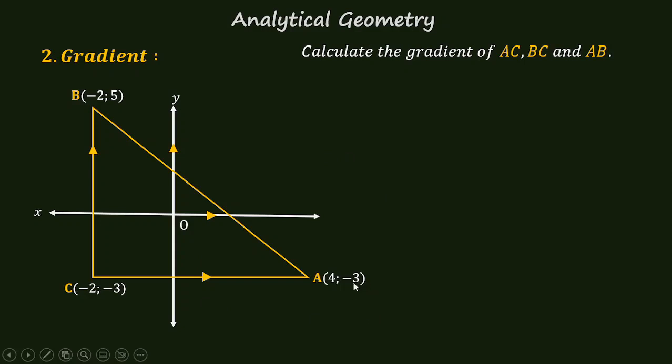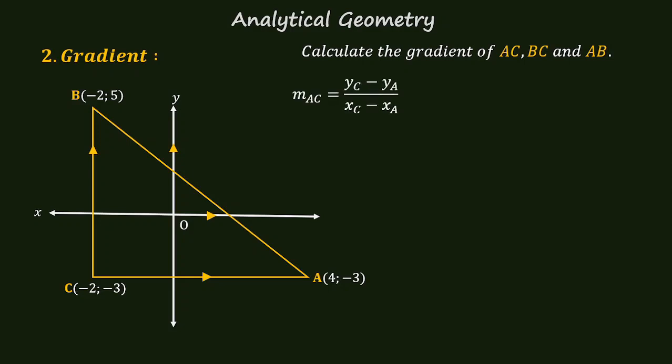In this case, the value of y from C to A doesn't change. So it's minus 3 and it's minus 3. If we say minus 3 minus minus 3, that would be minus 3 plus 3, which will be 0. So the change in the y value is 0, and the change in the value of x, of course, is there. So therefore the answer will always be 0. If a straight line is parallel to the x-axis, it will always have a gradient of 0.